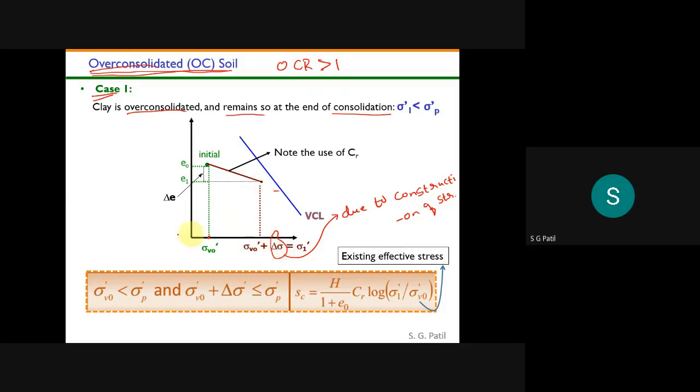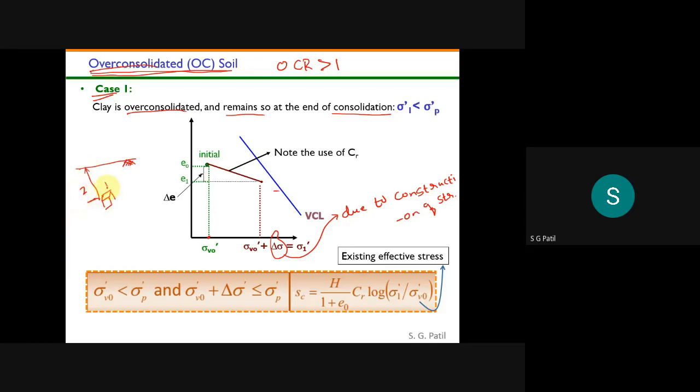I will draw a small rough sketch here. This is my soil, and suppose I want to build a structure here. My initial vertical stress was this much only, at some depth Z meter.